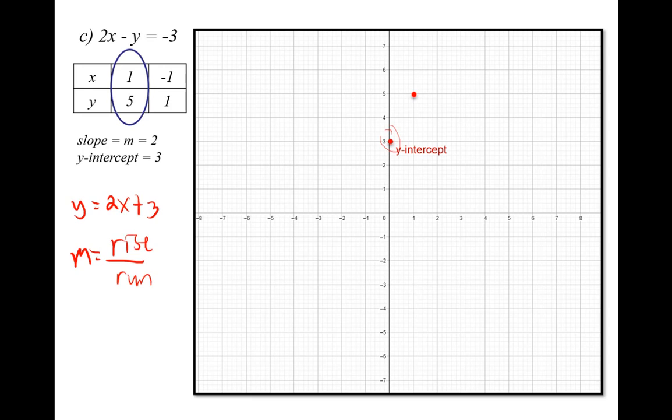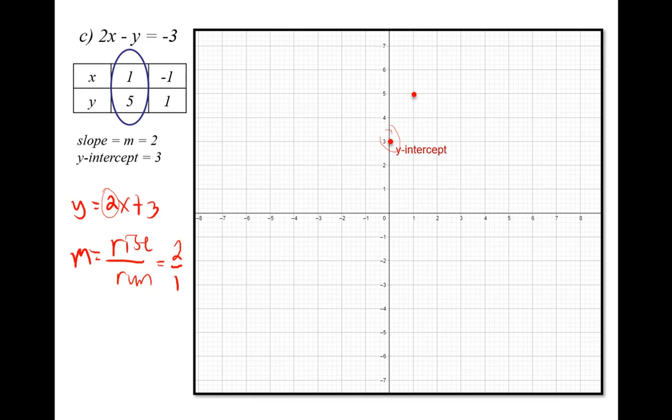Rise over run. So, dahil ang value ng m natin or ng slope natin is 2, so, ibig sabihin meron tayong rise na 2 and run na 1. Kasi 2 divided by 1 will just give you 2, right? So, ibig sabihin ng rise na 2, you have to move along the y-axis by 2 units. Up or down. Okay?